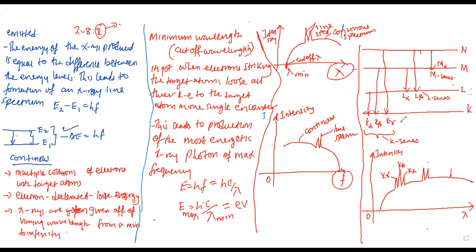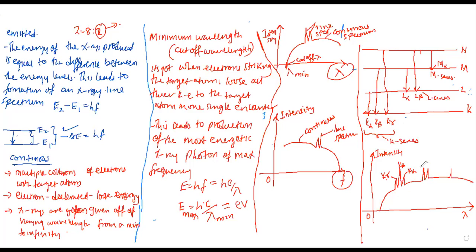These are spectral lines. When a transition is made from N to K, the line produced is K alpha. So the line K alpha is this one. When the transition is made from M to K, the line produced is K beta. When a transition is made from L to K, the line formed is K gamma. Sorry, this is in order from left to right, and then the reverse is true.